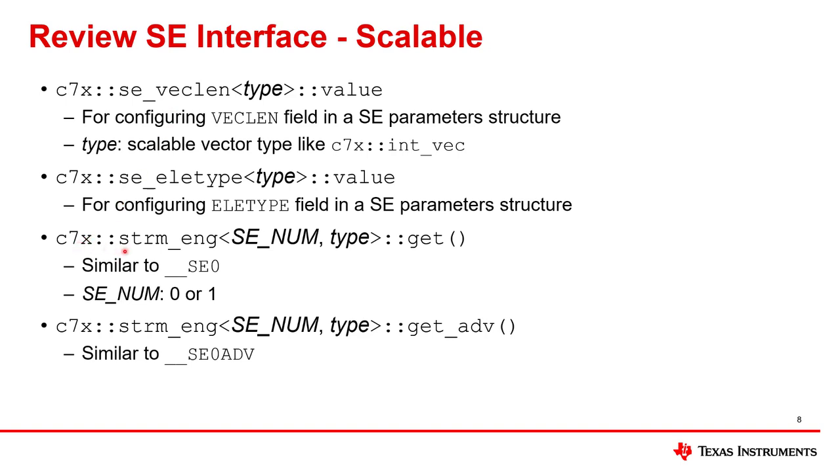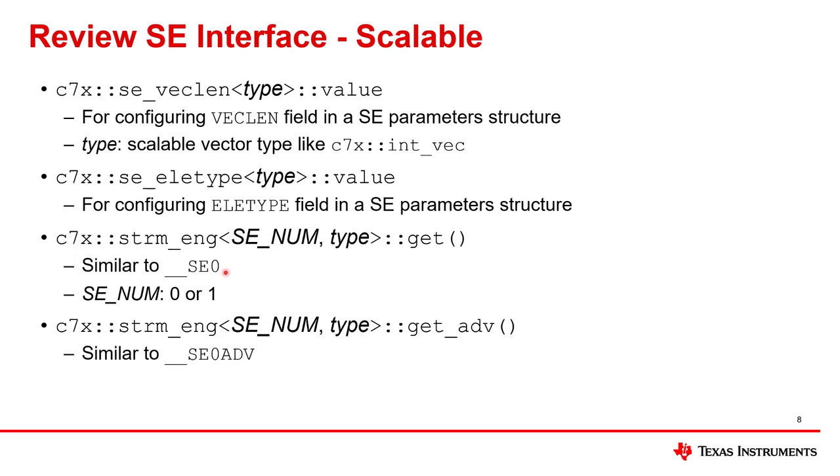The third one, and I actually didn't use this particular one in example 3, but I'm going to show it anyway. So this is a template class. The inputs are, SE num has to be 0 or 1, and the type is the same as the previous ones. And then this is a member function in the class, get.